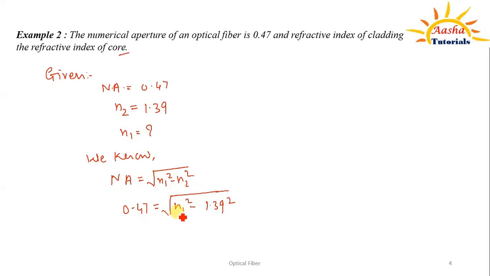To get n1 we can square both sides. So let us take square on both sides of the equation. The square of 0.47 is 0.2209, and that is equal to the square of the square root. So the square root gets cancelled, and we remain with n1 square minus 1.39 square.